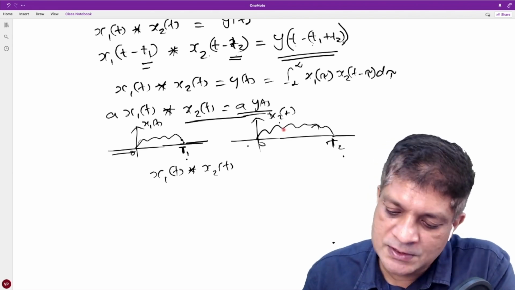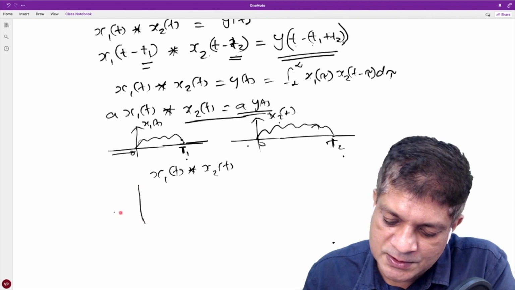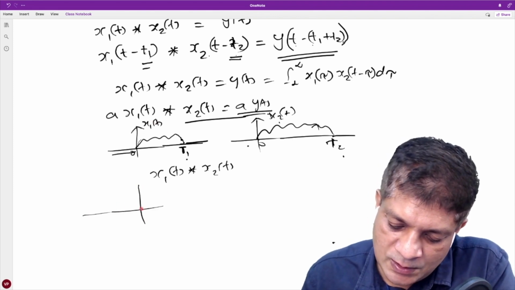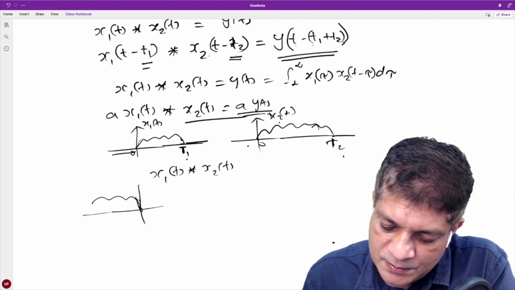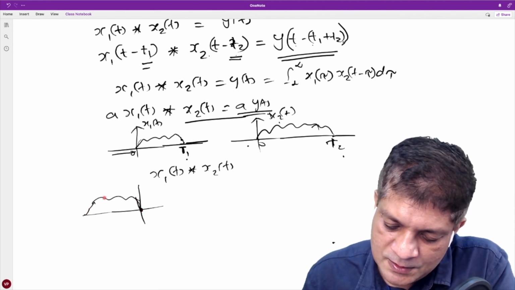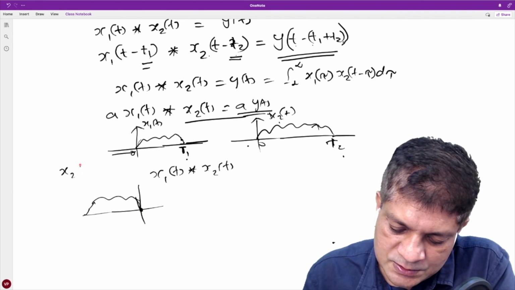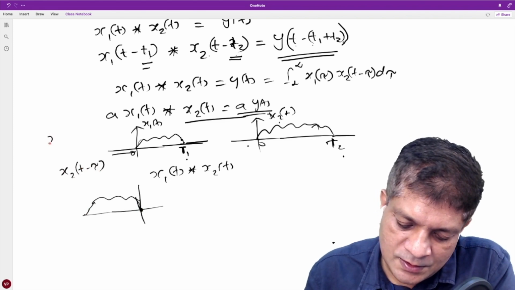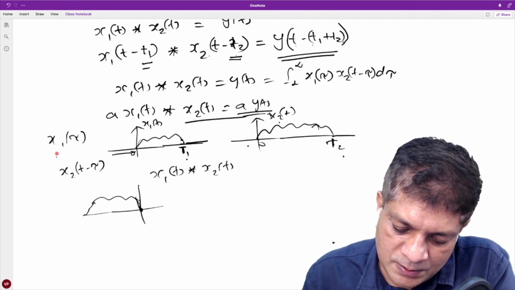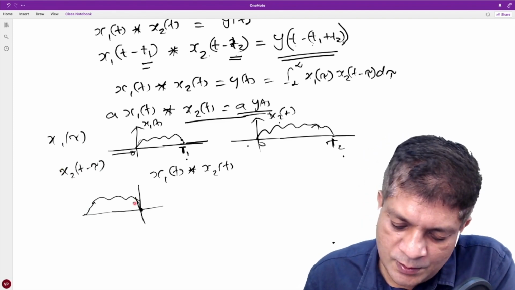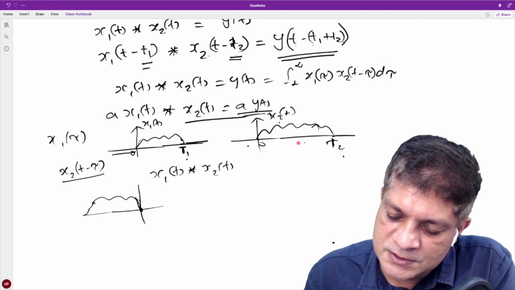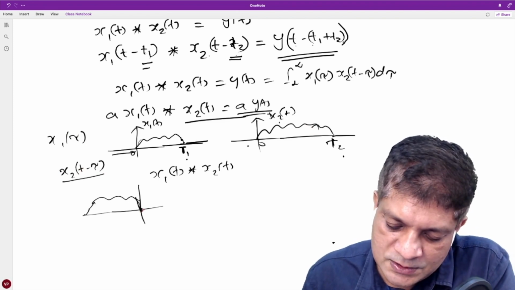Okay, let us see what that convolution is. What is the convolution operation? This is x1(tau), and you have to flip the second signal. You have to find x2(t - tau), isn't it? Multiply these two, find the area. That is the convolution operation. Now, if you flip the signal and delay by t, where is this point?